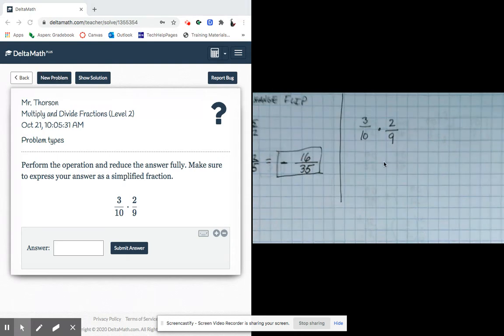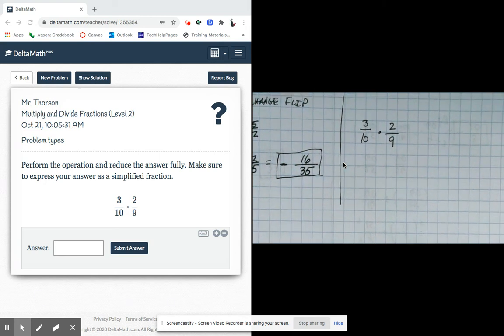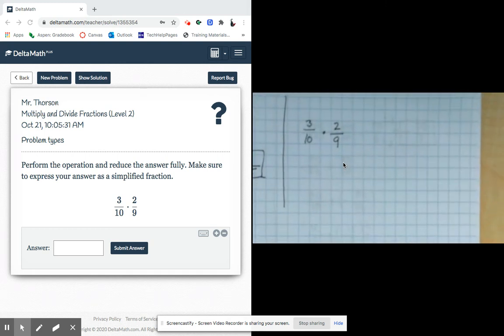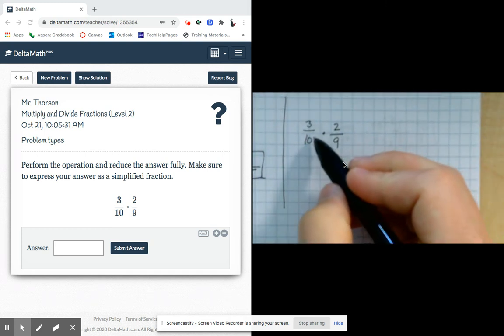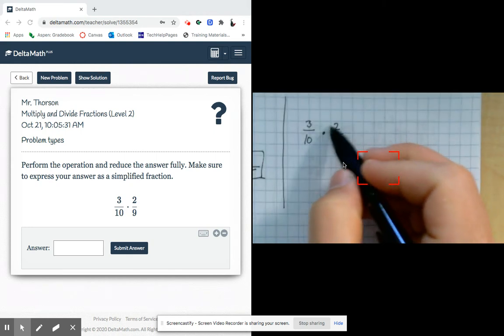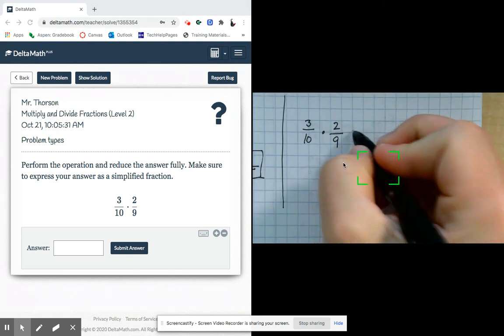It's already multiplication, which is really helpful because we know that if we're dealing with multiplication, there's nothing that we're going to have to change. There's nothing that we're going to have to flip. All we're having to do is just multiply. So again, we know that we're already at multiplication. So we're just going to multiply straight across.